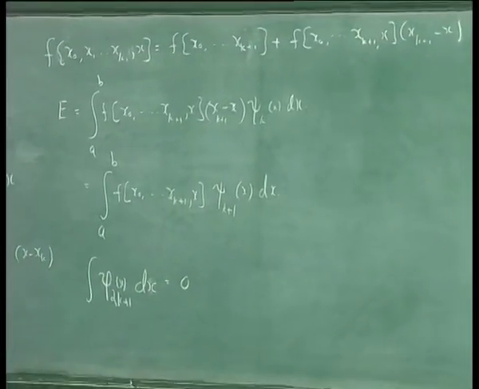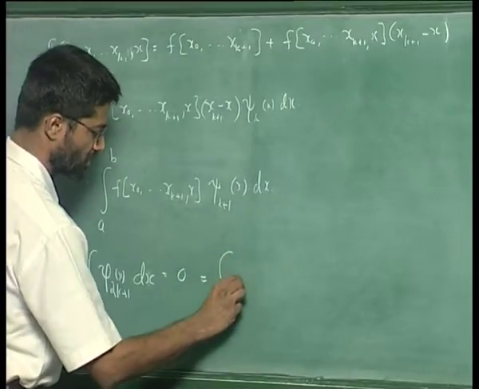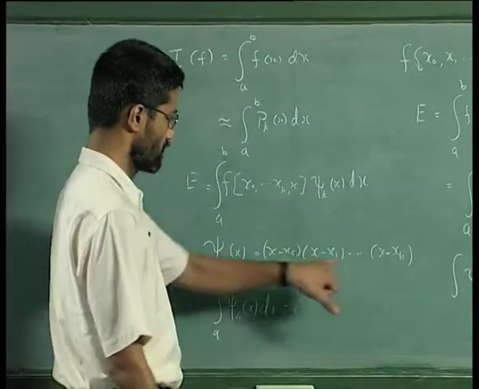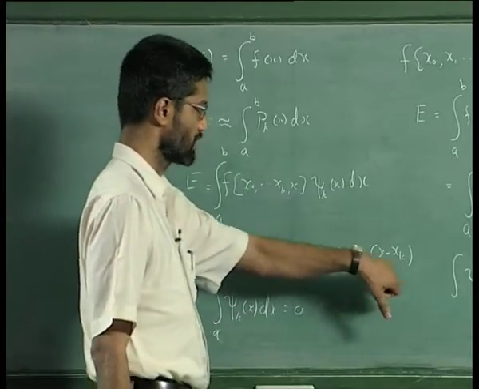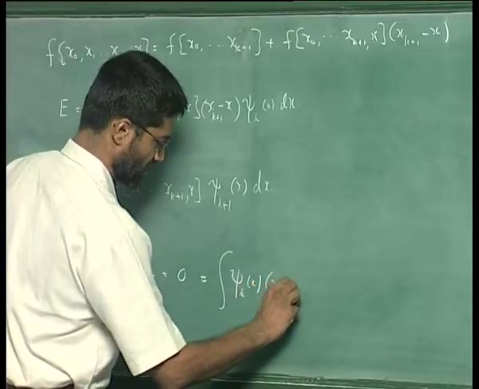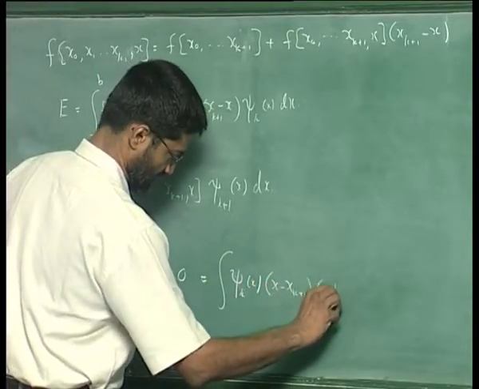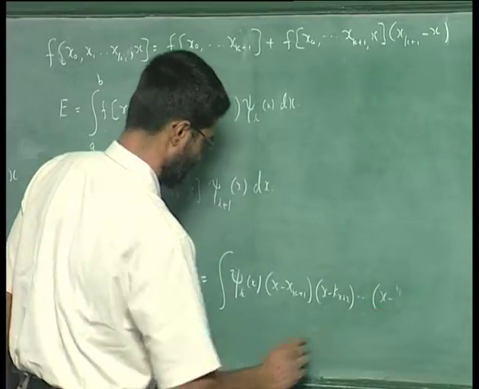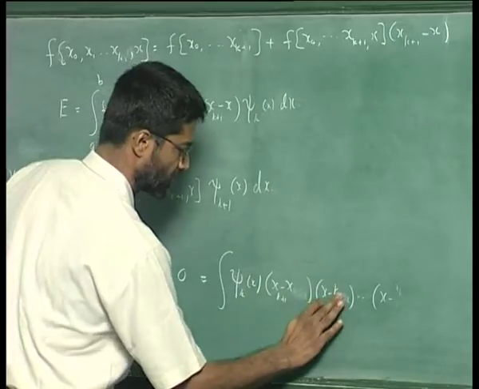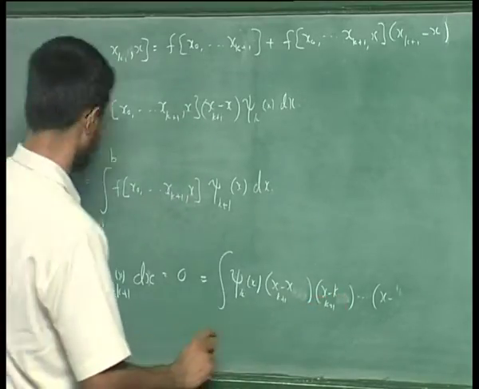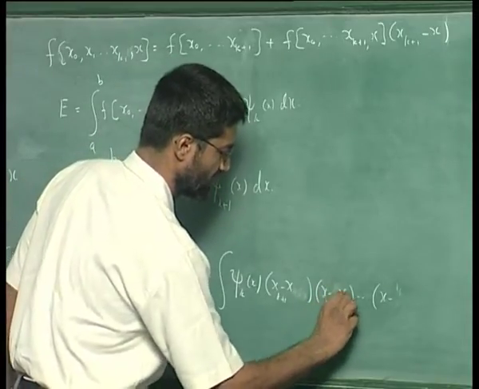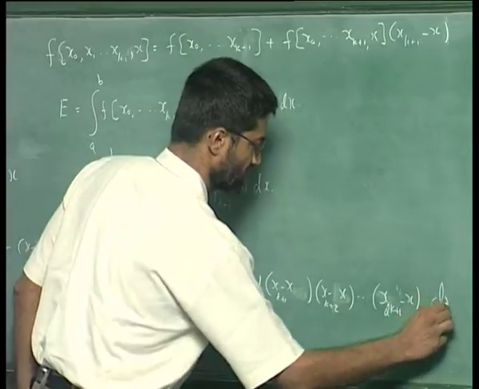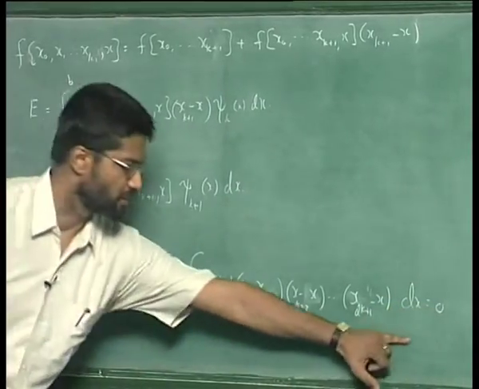In other words, we want to write this as psi k of x, our original function with points x0 to xk, the product of x minus x0, x minus x1, up to x minus xk, and then we are going to choose x minus xk plus 1, x minus xk plus 2, all these points up to x 2k plus 1 minus x, dx equal to 0. That is what we finally want to arrive at.